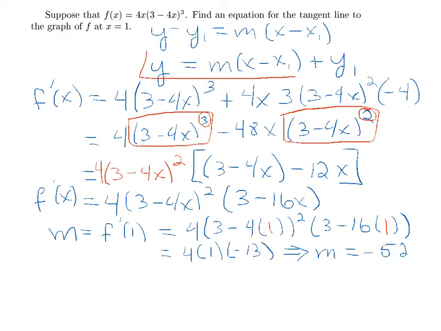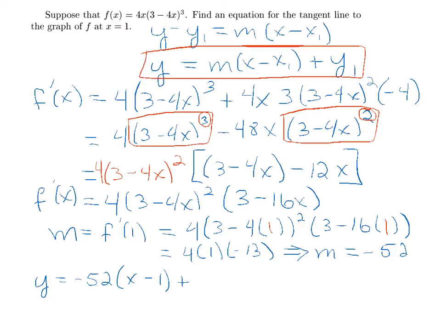So let's go back to our equation of the line here and recall that I have just about all the information I need. I have a minus 52. I have x minus 1 because x equals 1.